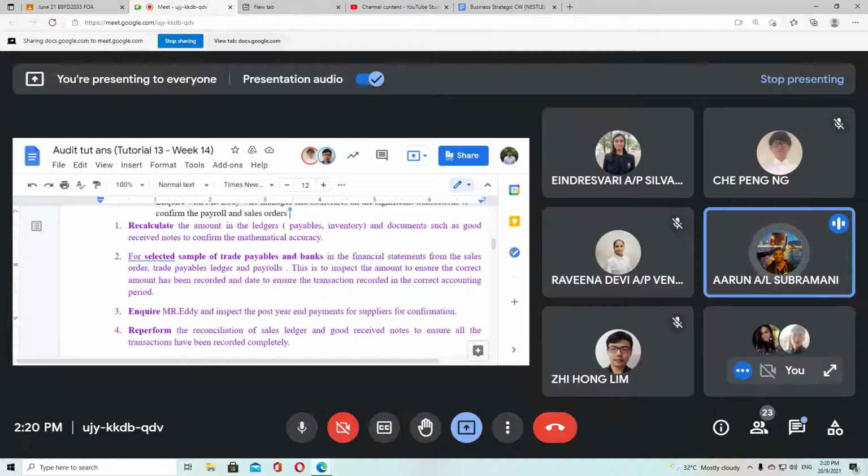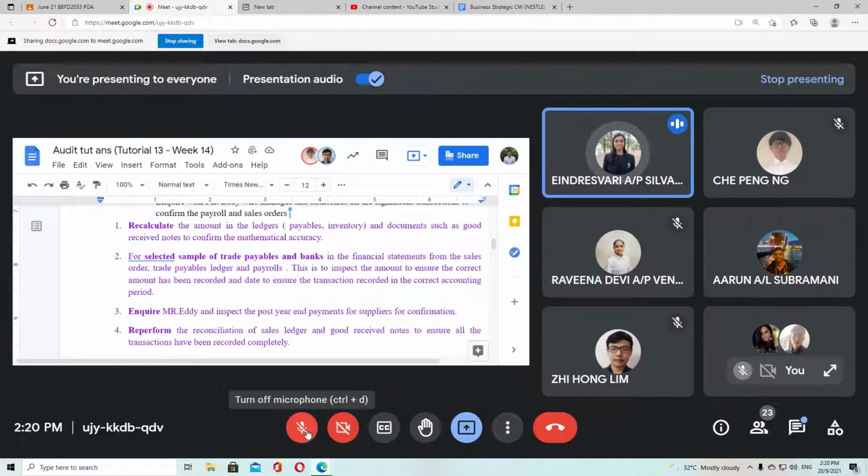Okay, Miss, I will present the first question for my group. Recalculate the amount in the ledgers, payables, inventory, and documents such as goods received notes to confirm the mathematical accuracy. The question is talking about sales. What is another name for revenue? What is the double entry for revenue?